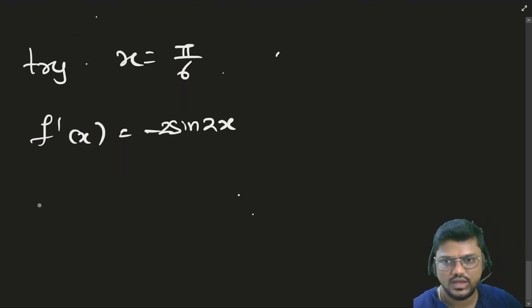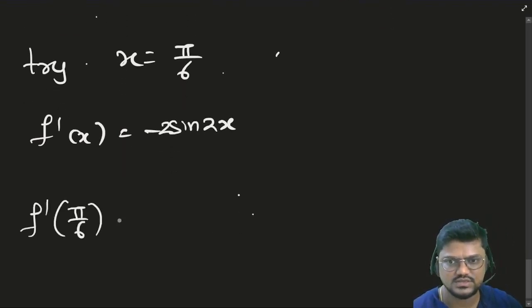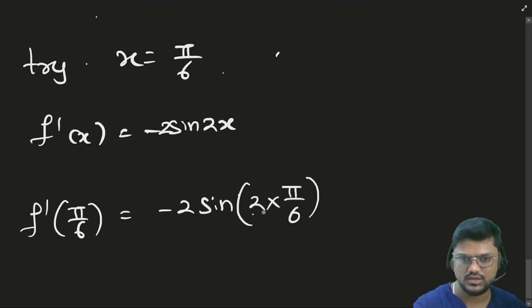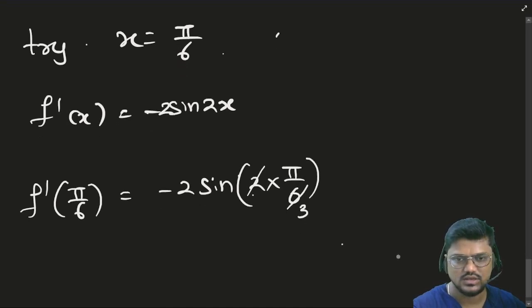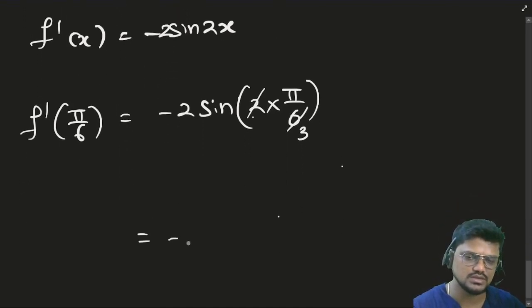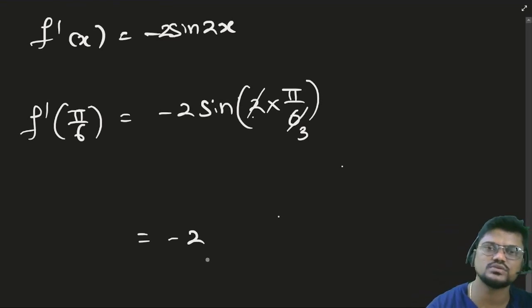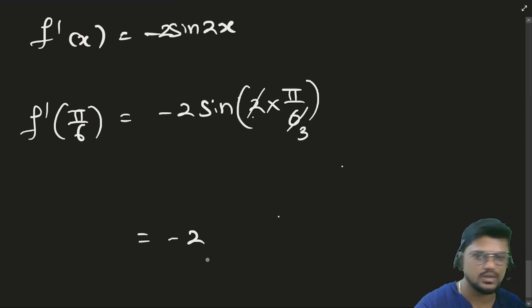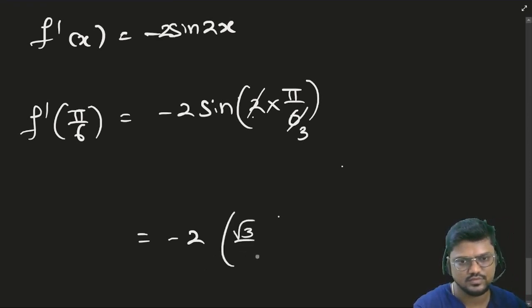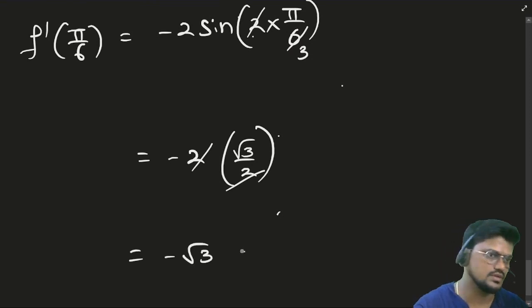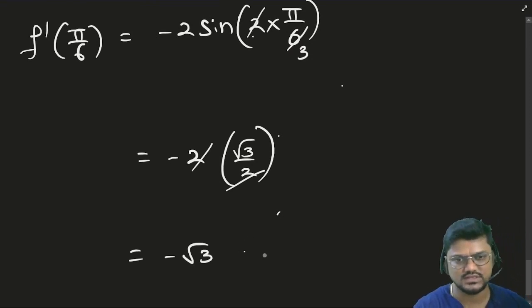So f dash of pi by 6 will be equal to minus 2 sine of 2 into pi by 6. This and this cancel, 3. And this will be minus 2 sine pi by 3. Sine 60 is root 3 upon 2. 2 cancel. This will give me minus root 3. Fine. This is less than 0.